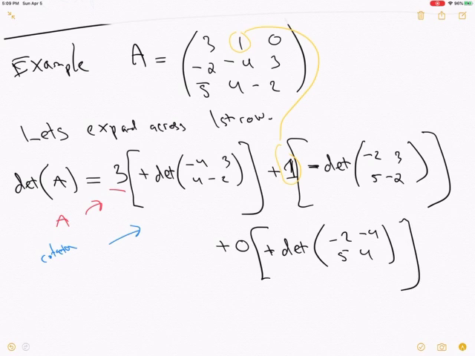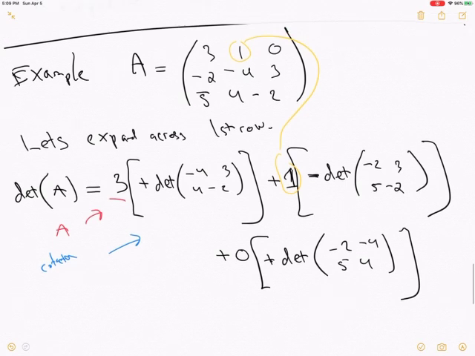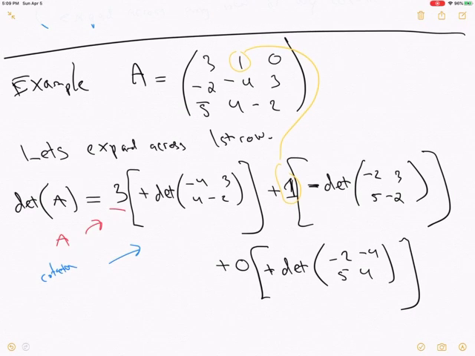So this is the formula for the determinant of A, by expanding across the first row. So it's 3 times the determinant of the submatrix, then there's a 1, and then it'll be times negative the determinant of the corresponding submatrix, because that's how the sign rule works, and it'll be 0 times the positive determinant.